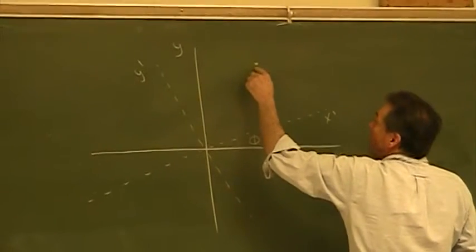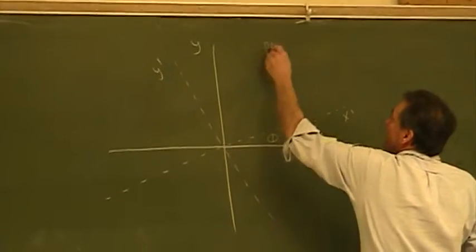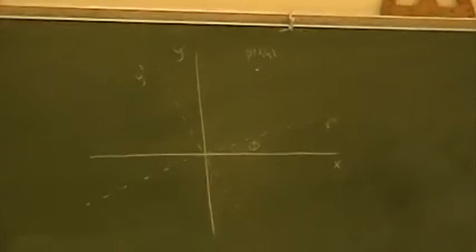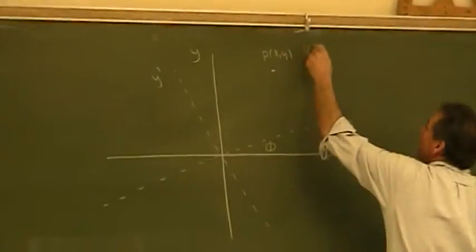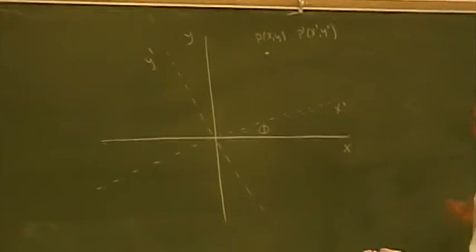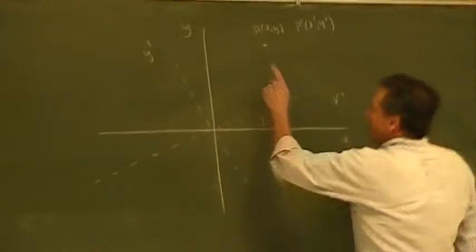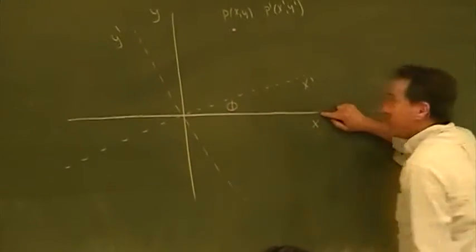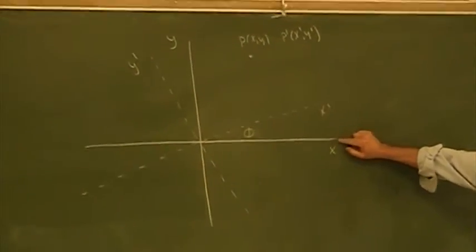Now, this point here has an x-coordinate and a y-coordinate. This point here has an x-prime coordinate and a y-prime coordinate. Depending on what axes you're looking at, this point here is over this much and up that much with reference to this coordinate system.